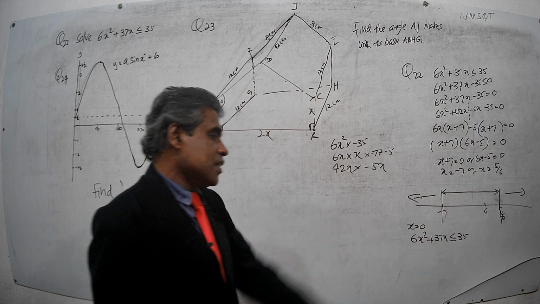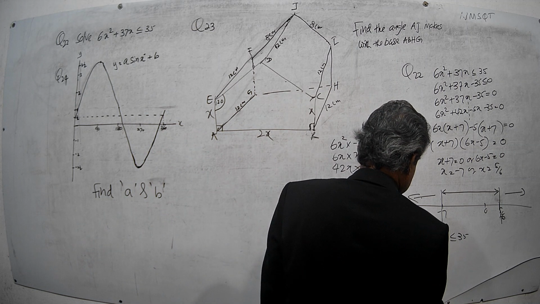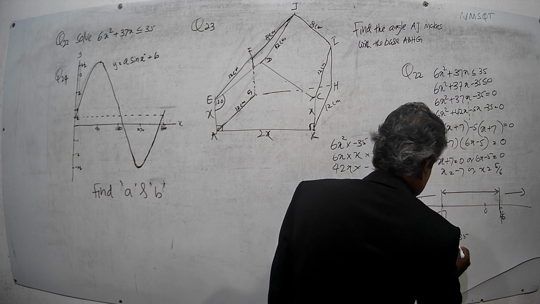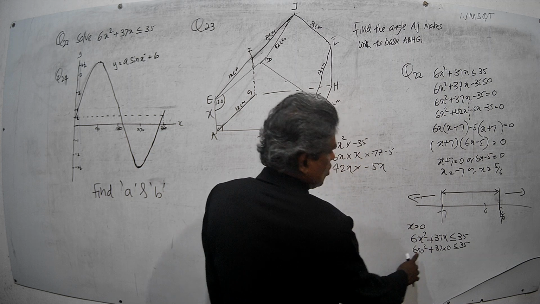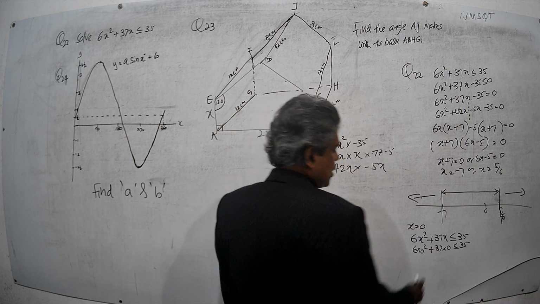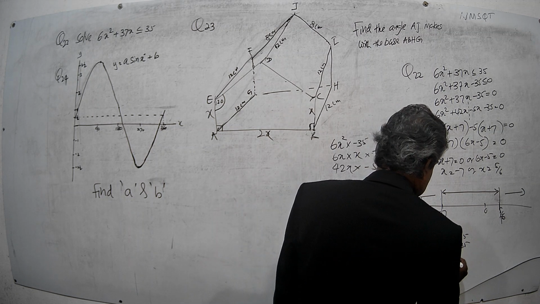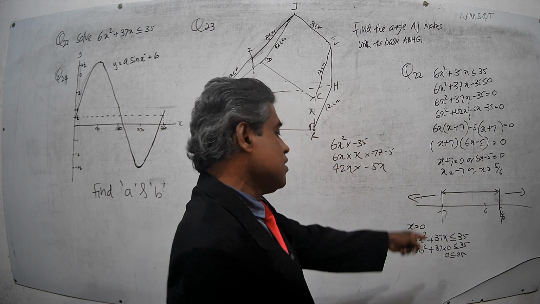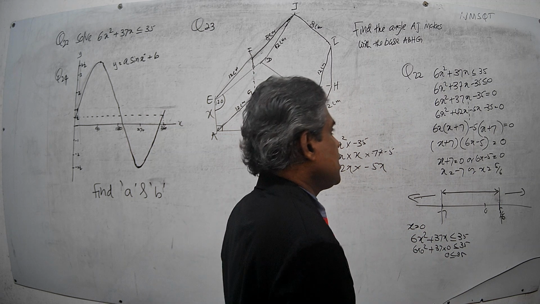Substitute x equals 0: 6 into 0 squared plus 37 into 0 less than or equals 35. 0 squared is 0 into 6, 0. Then 37 into 0 is also 0. Therefore, the whole left side is 0, and 0 is less than or equals 35. Yes, actually it is less than 35. Therefore, it is true.